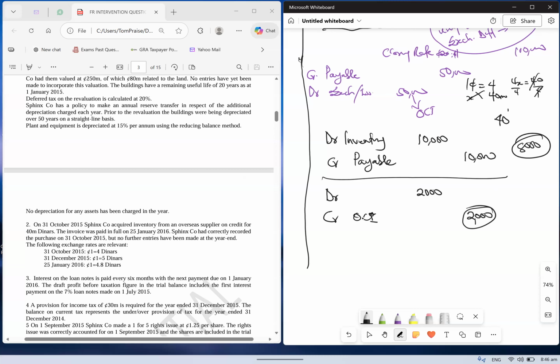Technically it should go to OCI because you have not paid the money. The exchange gain is not realized. It will only be realized when you do the payment.